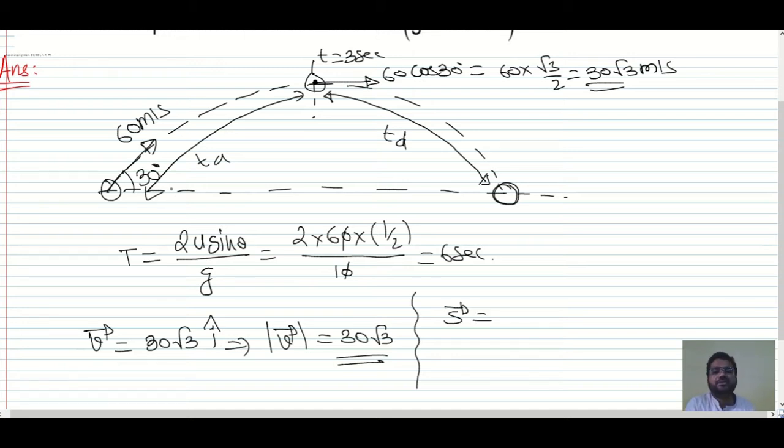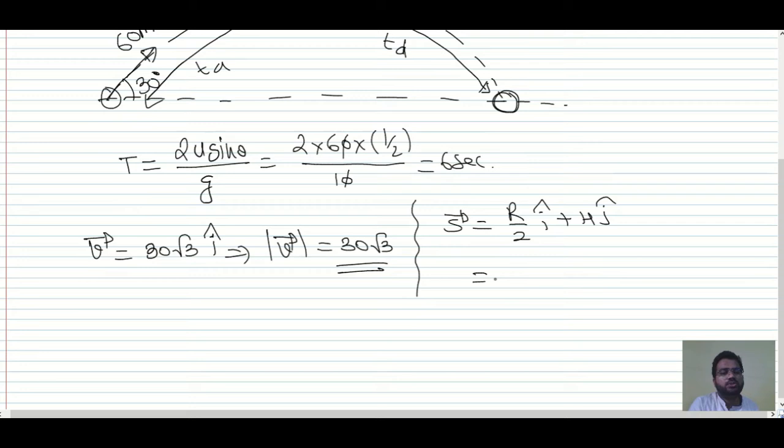Now what about the displacement vector? The displacement vector we have is the range R by 2 in i hat plus H in j hat. So R by 2 you can write as u squared sine 2 theta divided by 2g in i hat, plus u squared sine squared theta divided by 2g in j hat.